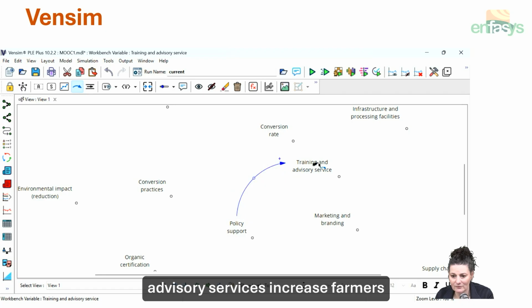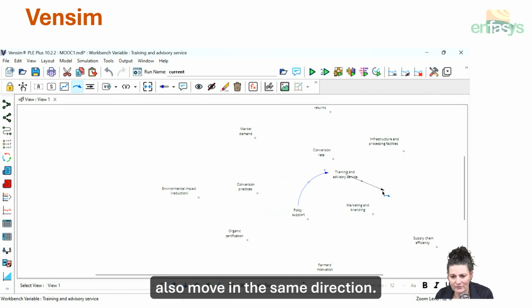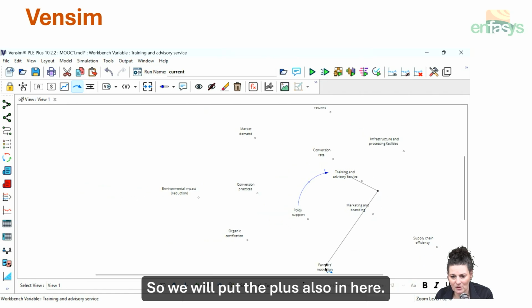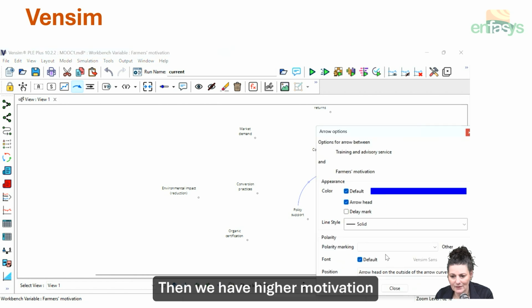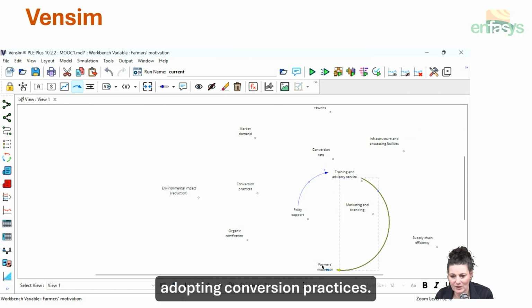Then better advisory services increase farmers' confidence and motivation, which is a bit lower on the screen. And they also move in the same direction, so we will put the plus here also. Then higher motivation leads to more farmers adopting conversion practices.